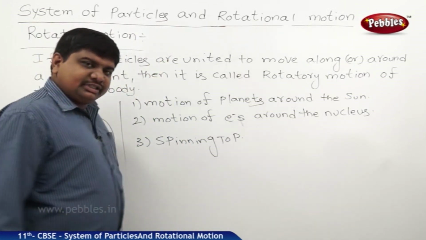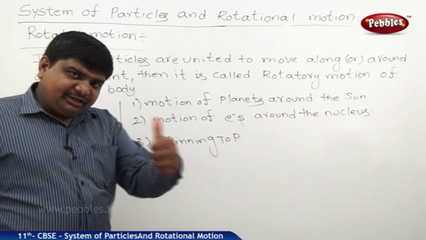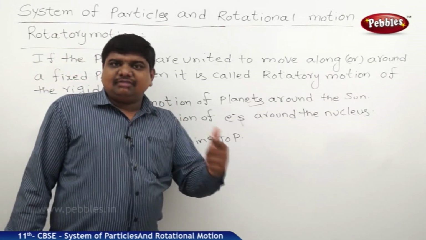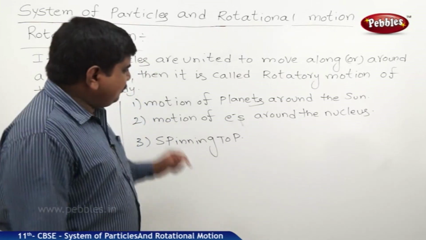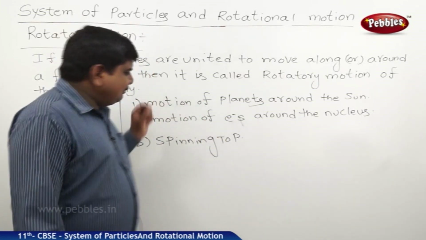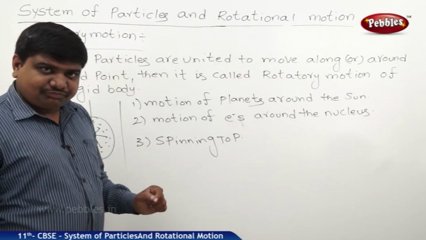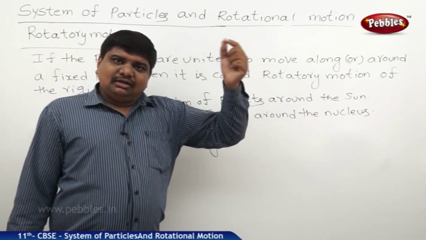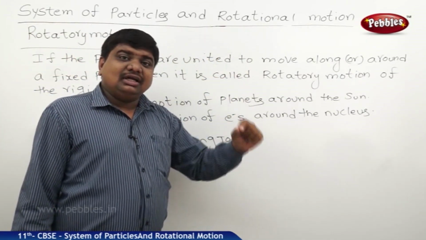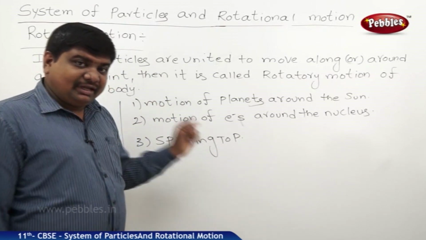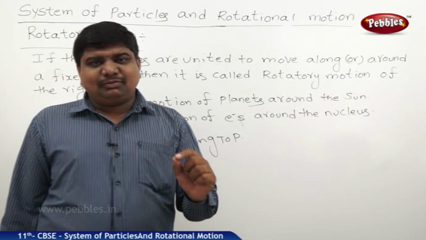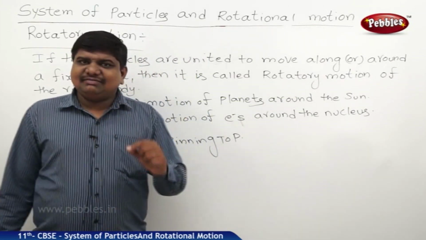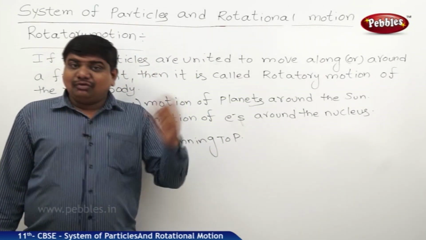In this rotatory motion, the body will execute angular displacement, angular velocity, angular acceleration, and position vector. These four are the important kinematics of a rotating body. These are similar to the linear kinematics of a moving body, where the linear kinematics represent the displacement of the body, speed or velocity of the body, acceleration of the body, force applied on the body.